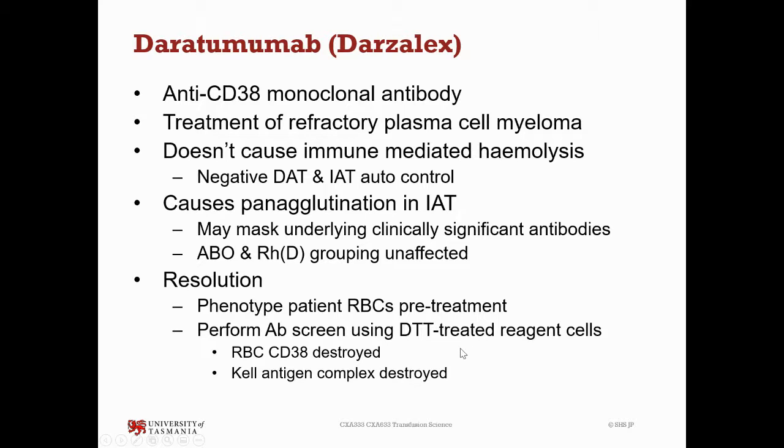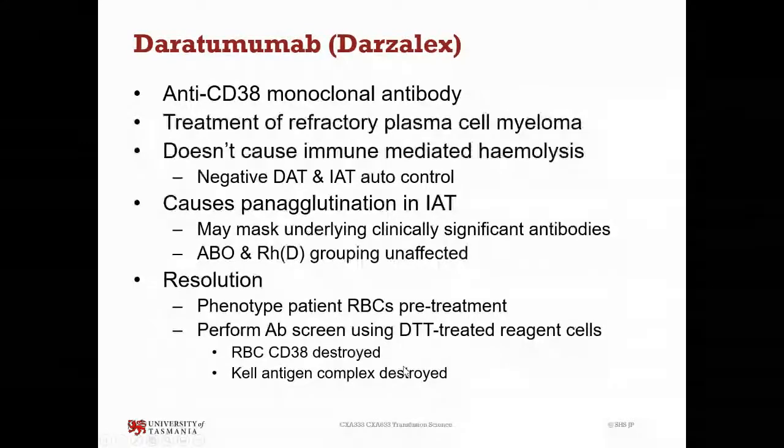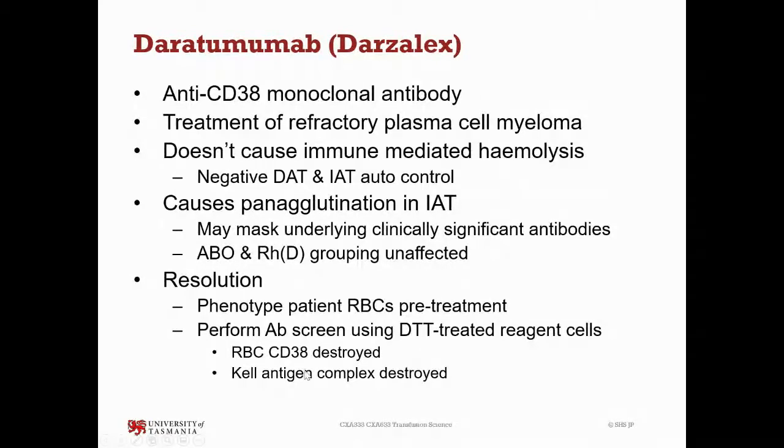The CD38 is destroyed, but the only trouble is that the Kell antigen complex is also destroyed by dithiothreitol, so you would need to give the patient Kell negative blood just in case there was an anti-Kell there that you can't now detect. So that's daratumumab.